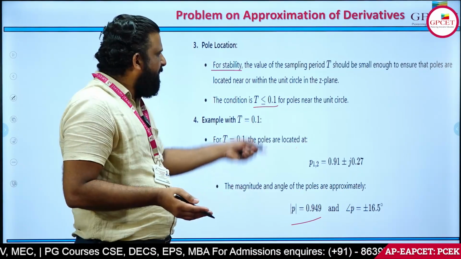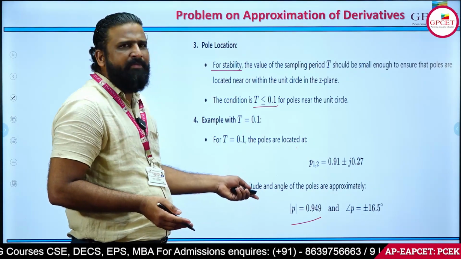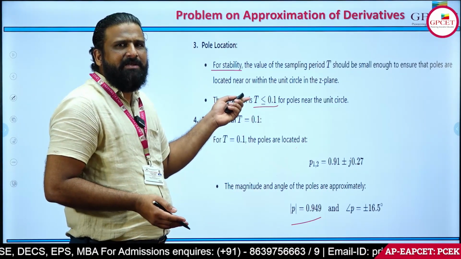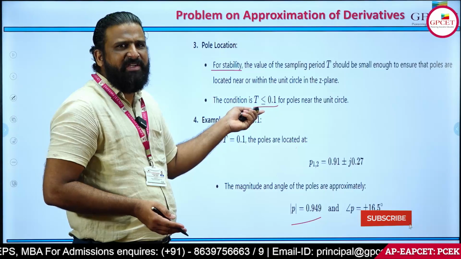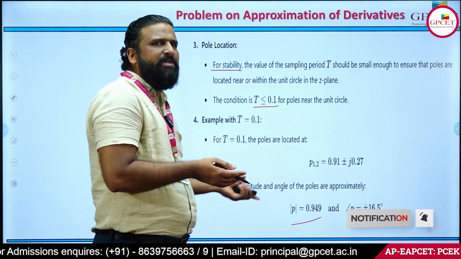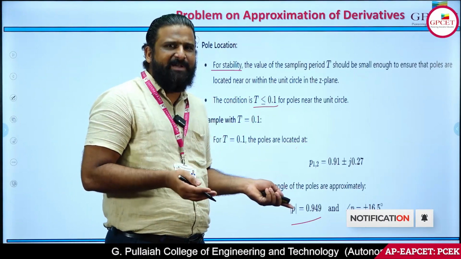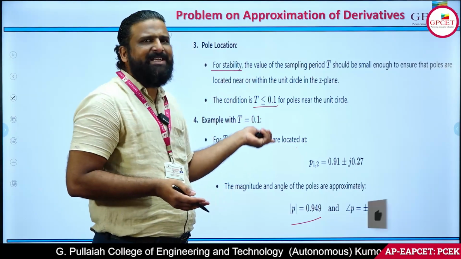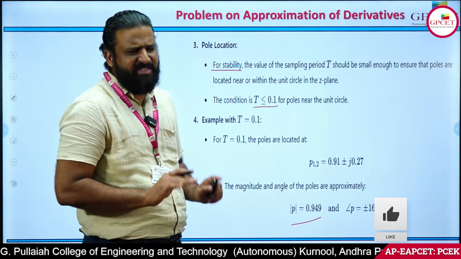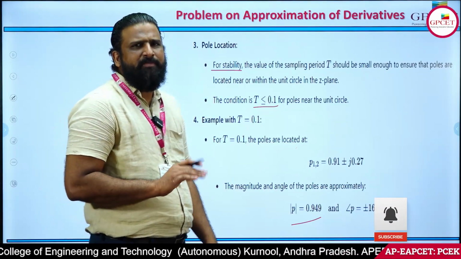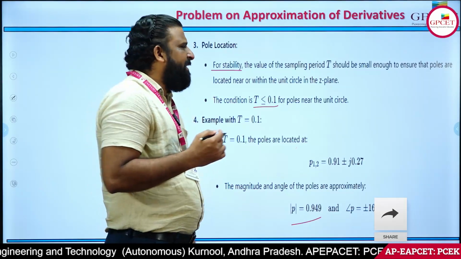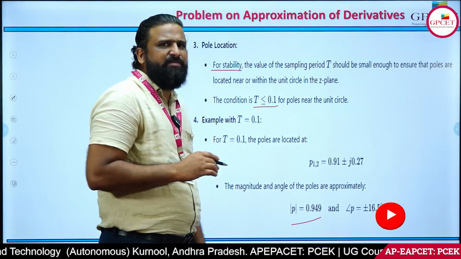So we can say that the given transfer function of the analog filter is lying nearer to the unit circle of the z plane, so we can easily convert this analog filter into a digital filter. This is a very simple problem where we just substitute in the place of s, 1 minus z inverse by t.